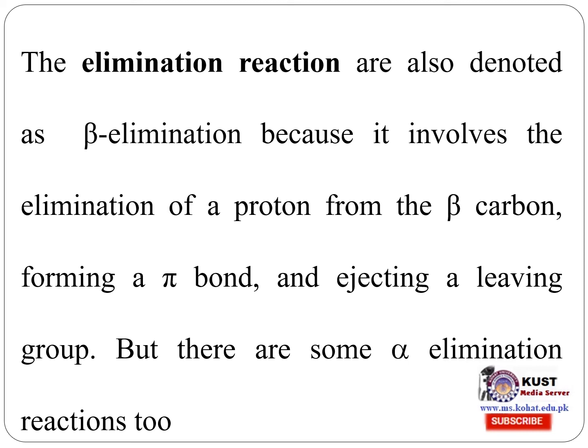The next one is called beta, and due to this reason it is called beta elimination reaction. As a result it forms a pi bond and ejects a leaving group. But there are some examples where alpha elimination reaction also occurs.